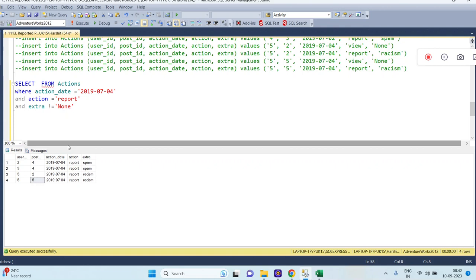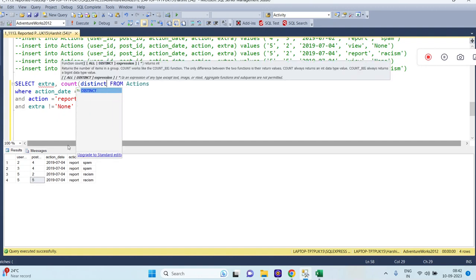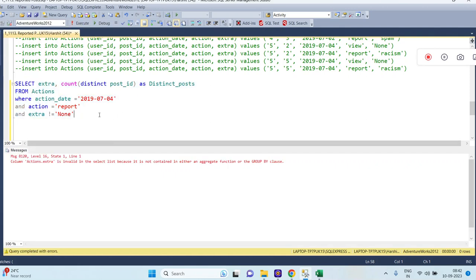We need to identify extra, comma, count of distinct post ID as distinct post. Now let me select the data. Because we have used the aggregate function, we need to use group by, right?